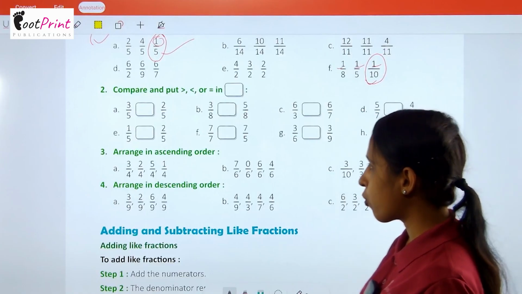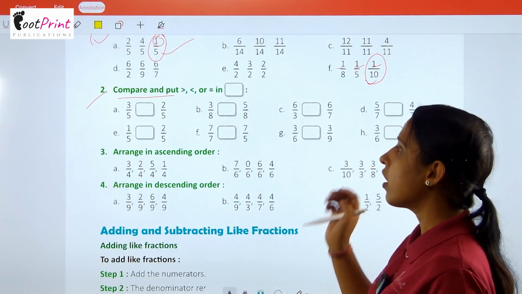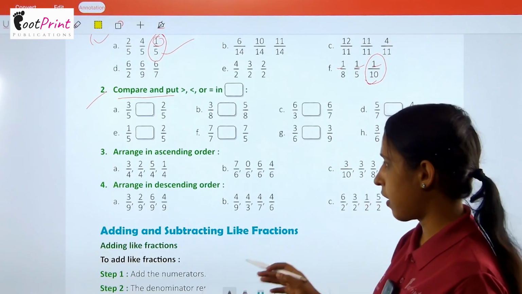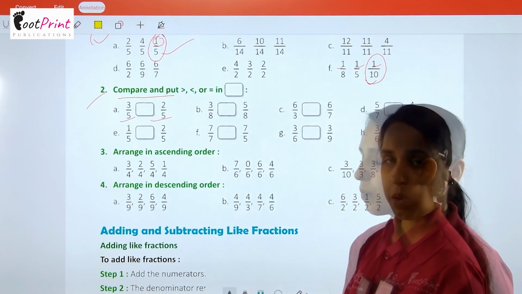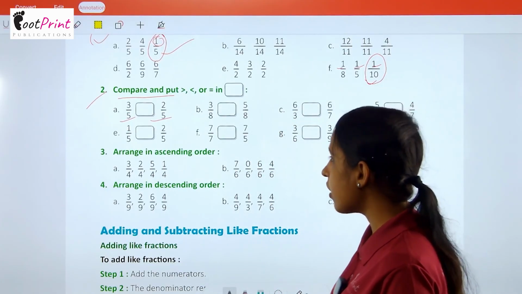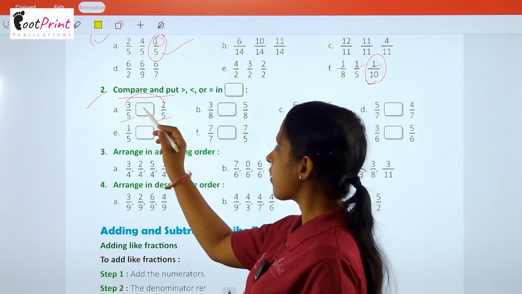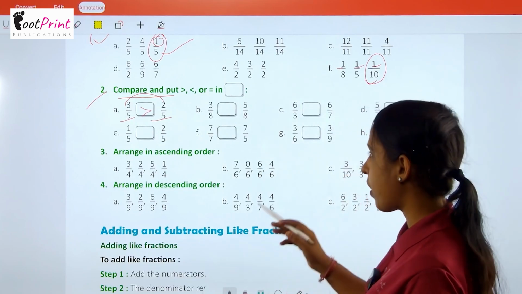Next, compare and put greater than, less than or equal sign. We have to put these signs in the box. Here 5, 5. Denominator is same, means like fractions are there, and we will compare the numerator. Here 3 is greater than 2, it means 3 by 5 is greater than 2 by 5.